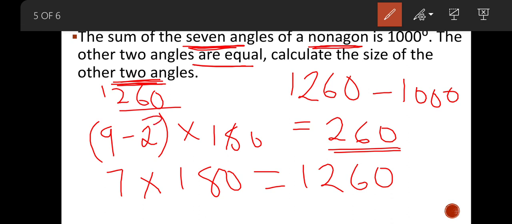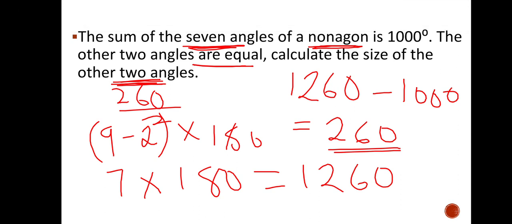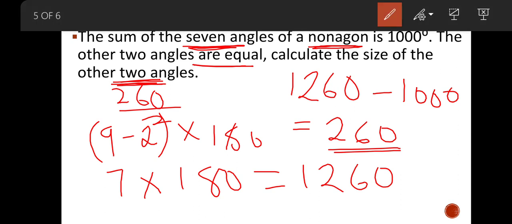So 260 divided by 2 is 130 degrees. So each angle is 130 degrees, and the two angles together make 260.